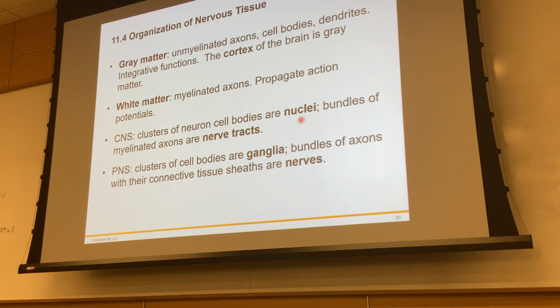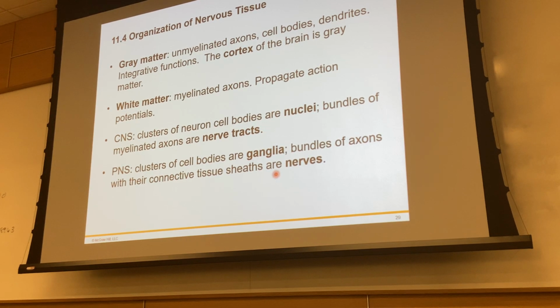So now we have a cell nucleus, we have the atom's nucleus, and now we have a nucleus in the brain, which is very different from the other two. That's just bundles of cell bodies found within the central nervous system. And nerve tracts are essentially myelinated axons found within the central nervous system.